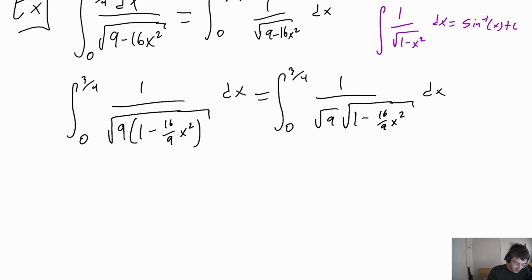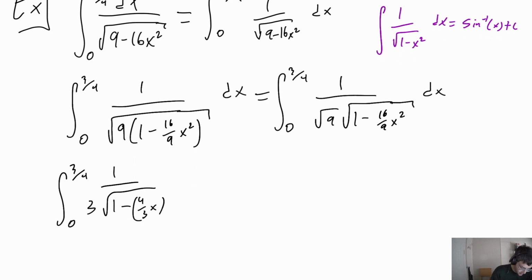And now I'm going to simplify this a little bit more. I end up with the integral from 0 to 3/4 of 1 over 3 times the square root of 1 minus 4 over 3 x squared dx. Why did I do that? Why did I write this 4 over 3 x squared?